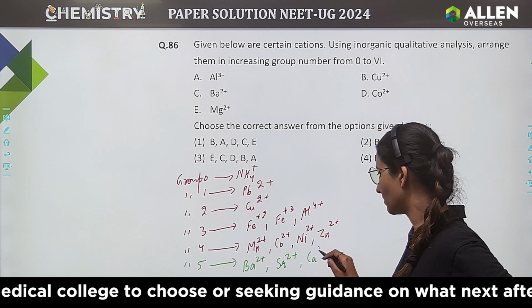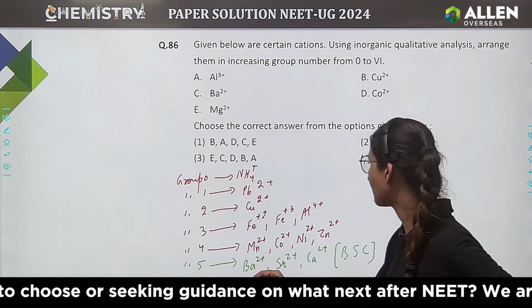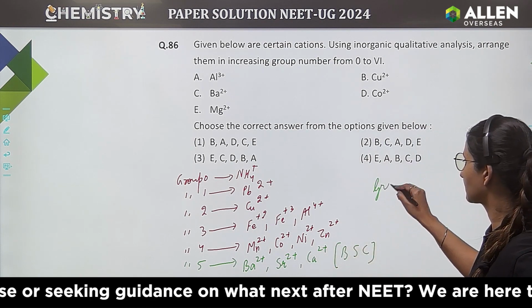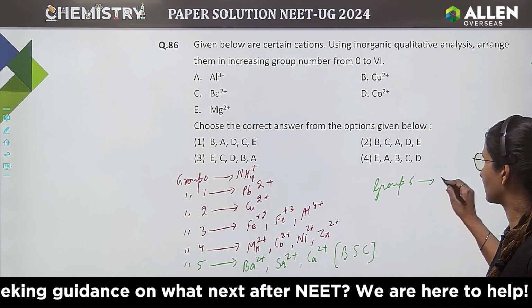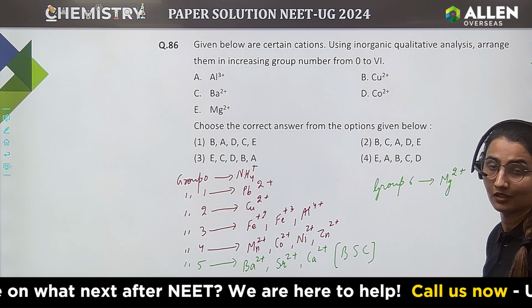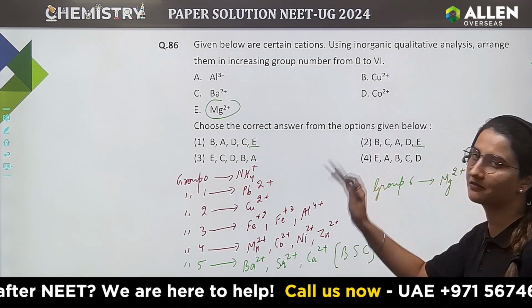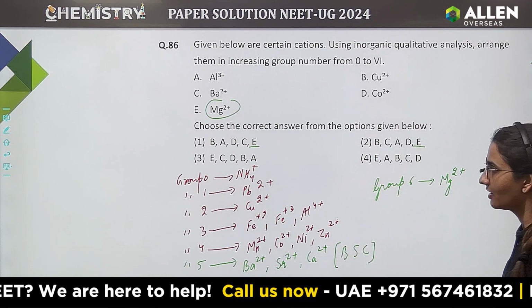The trick to learn them is BSC. And the last, group 6, has the Mg plus 2 ion. So Mg is last. Only the first in this. Ammonium there? No. Pb? No. Cu plus 2?